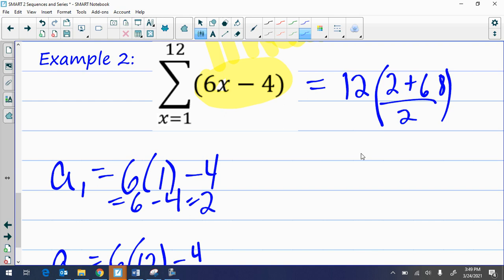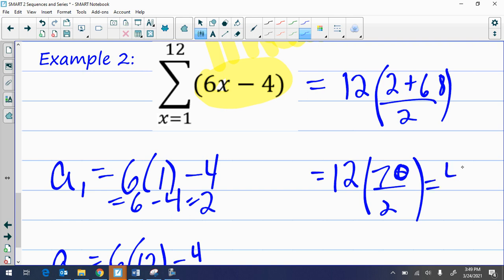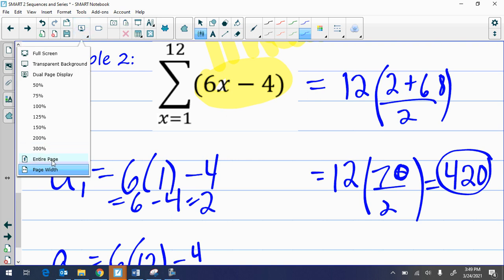There we go. And then that's going to give me 12 times 70 over 2. And I'm going to go to my calculator for that and get 420. And that is our arithmetic series.